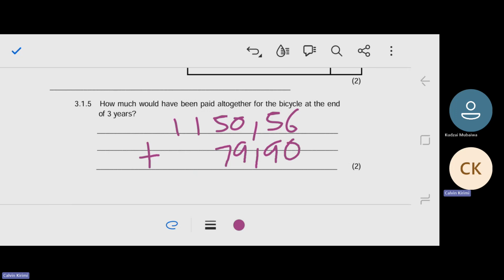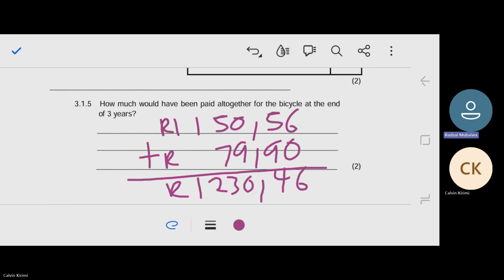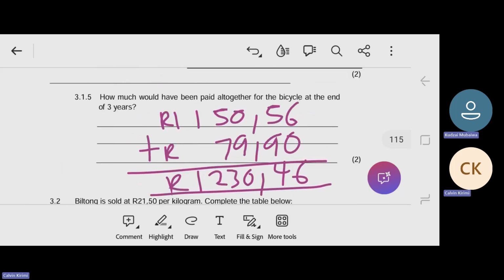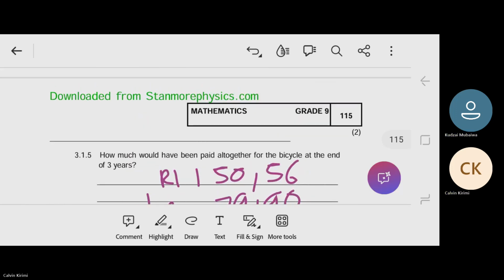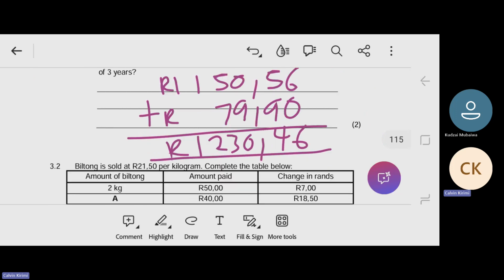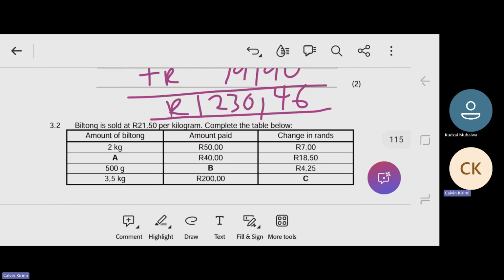What do you get? 1,230.46 rands. So this is the total cost of the bike. So you must understand what they want you to calculate.